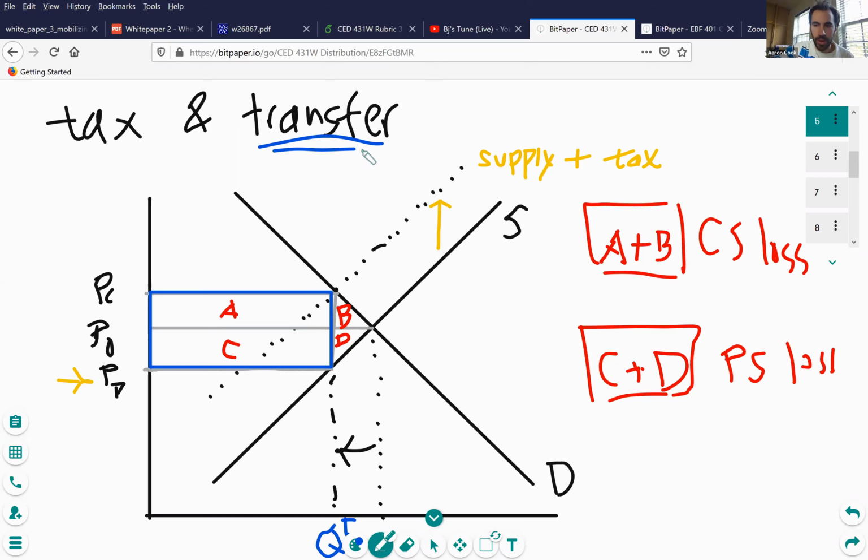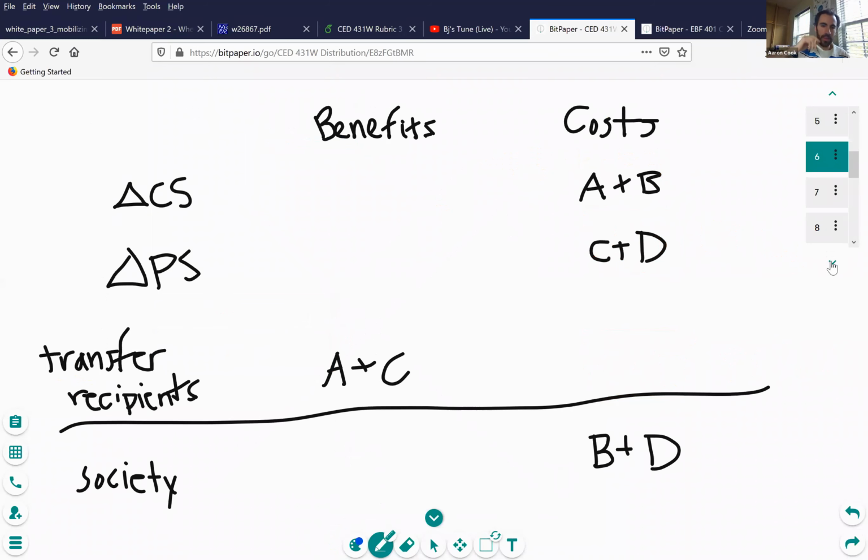We can consider what this looks like in a benefit cost table. So here we have a benefit column and a cost column. The costs, as I mentioned on the last slide, we have A plus B representing the loss to consumers, C plus D representing the loss to producers.